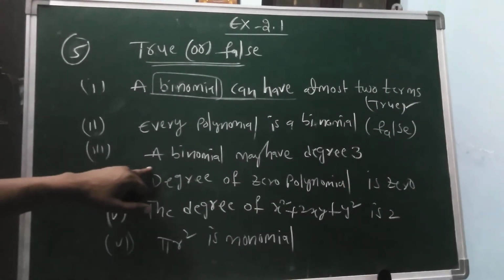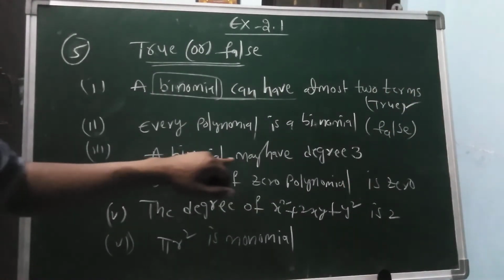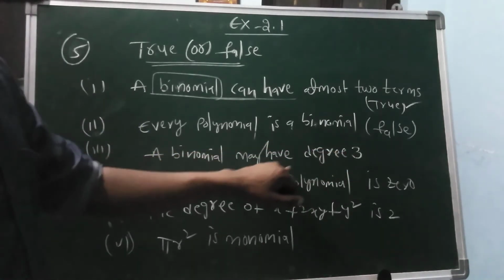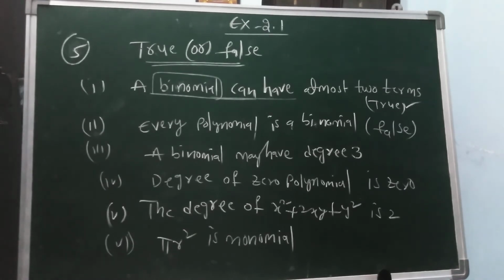Next, coming to third one. Binomial may have degree 3. Is it true or false? Yes, true.